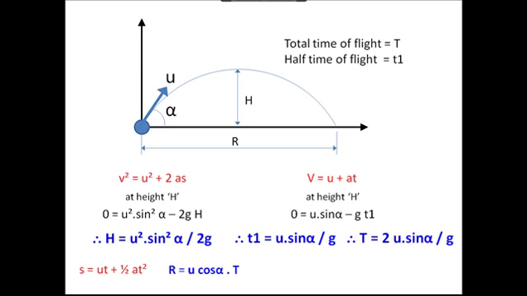And if you substitute t in the r expression, you will get r is equal to u square sine 2 alpha by g. Here, mind you, the plus half a t square term is not taken because a is 0 if you are writing this equation in the horizontal direction, because the projectile travels only under gravity. So in the horizontal direction there is no acceleration, and you have this expression for r.